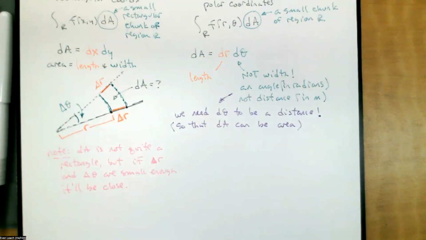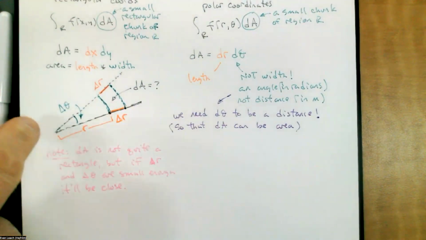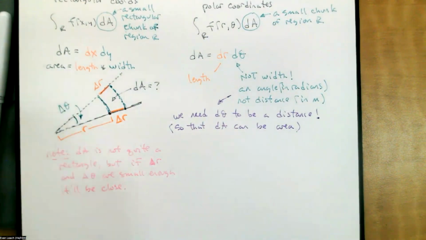What we need to do is get this green length. We notice that this green length is r units away from the origin. So we'll just use arc length.